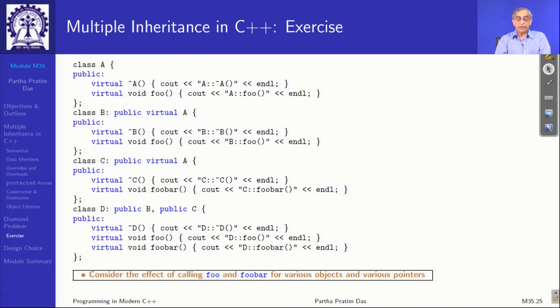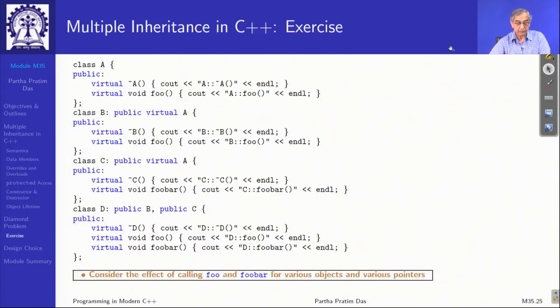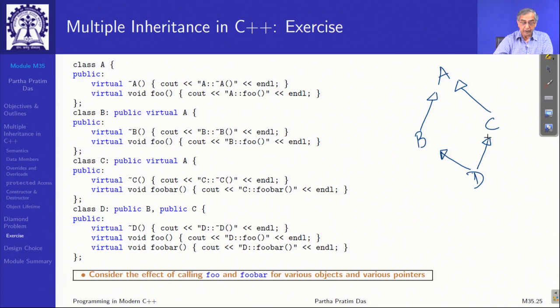Here I leave you with an exercise where I have a multiple inheritance scenario where you have a diamond and we have different functions foo and foobar in the context of these classes, and you have to create the objects A, B, C, D and so on, and create different types of pointers and try to access them to see what kind of function binding you actually can get, right.